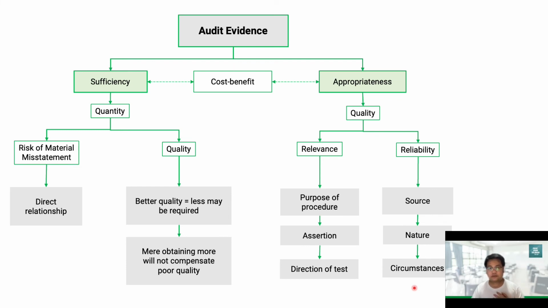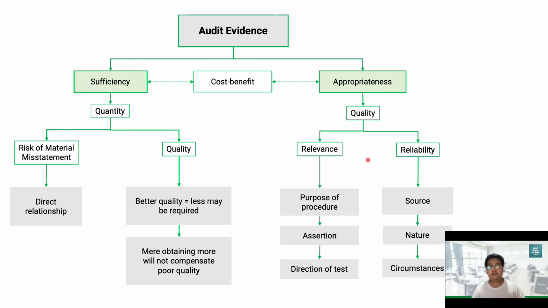Or the evidence would be considered more reliable if the internal controls relevant in producing that information are also considered effective. So those items could affect the reliability of evidence, which would affect the quality of the audit evidence. Okay? So that's a summary of the relationship of the sufficiency and the appropriateness of evidence and what affects them.